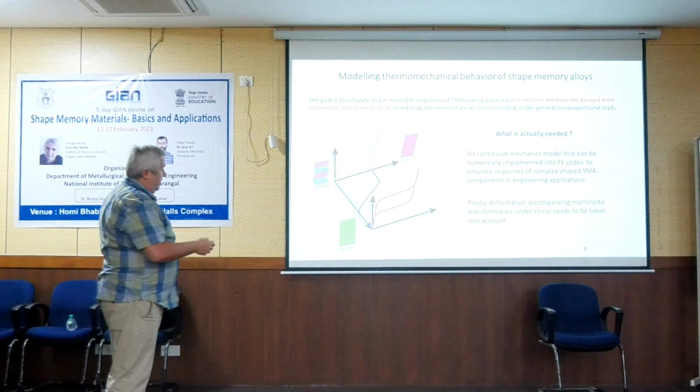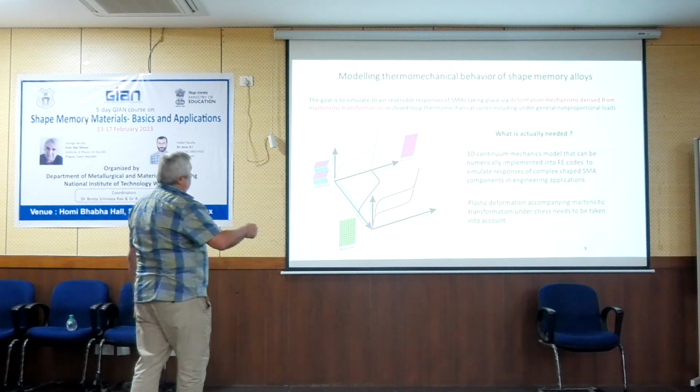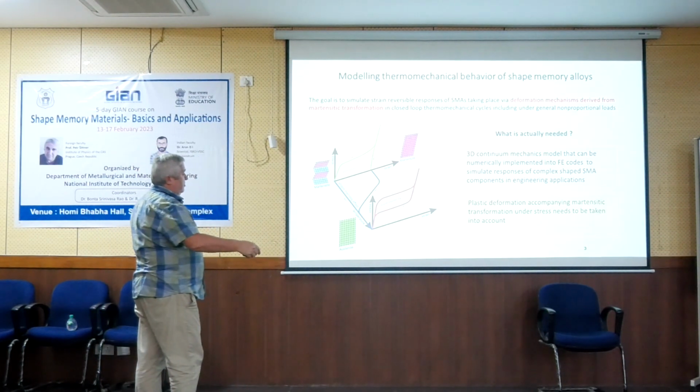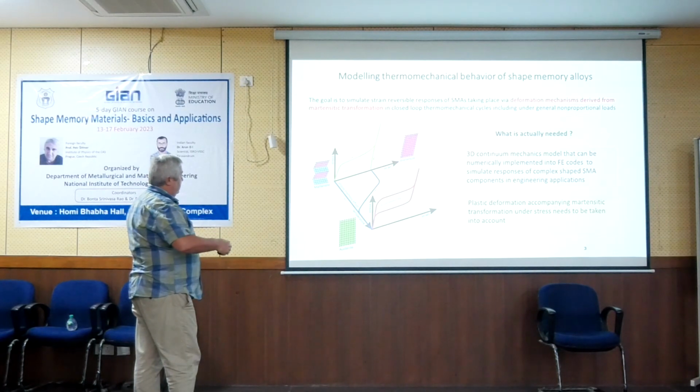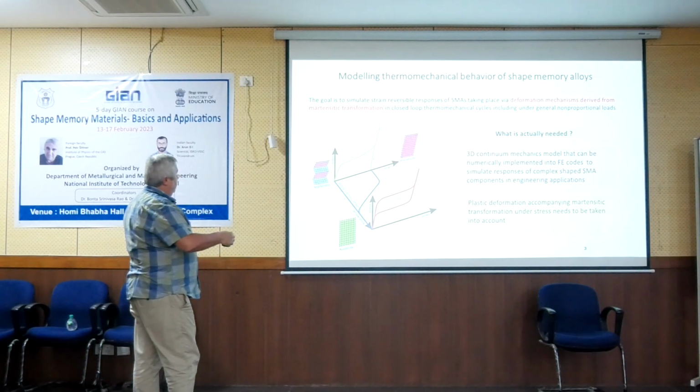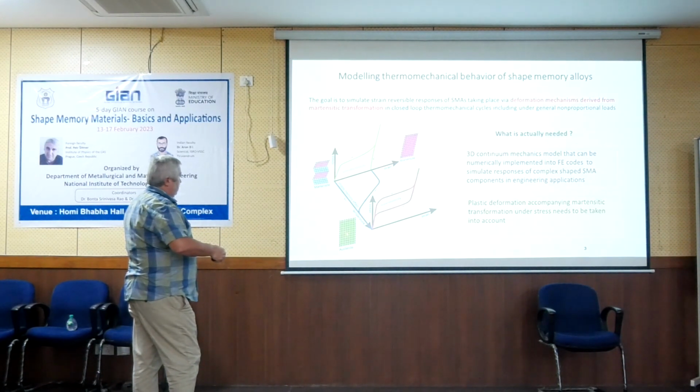Before, I already showed this diagram, but there was not this one. As I said, this is only due to the deformation mechanisms which are derived from martensitic transformation, so only the transformation and twinning.